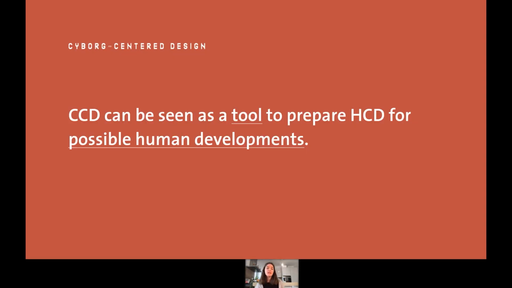So another thesis is that cyborg-centered design can be seen as a tool to prepare human-centered design for possible human developments. When we are designing right now for humans and at the same time use the term cyborg-centered design, we talk about our perspective, how we define a cyborg from today.